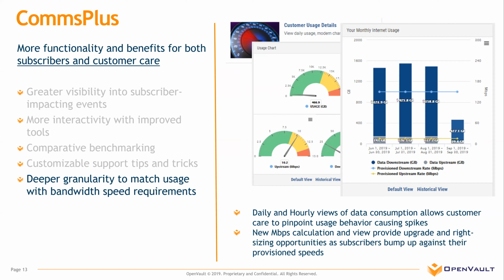It's subscribers who maybe have movie night every Friday night, or video game night, or multiplayer gaming going on at a certain time each week. We can see the megabits per second being utilized and whether that subscriber is bumping up against their provisioned speed, and that's another great indication of an upgrade candidate. So providing this level of granularity can really have significant revenue upside for you as operators.